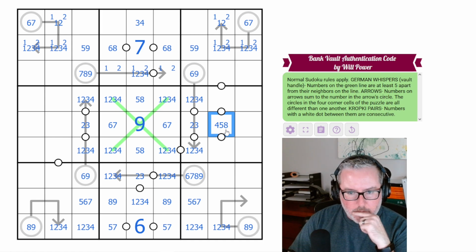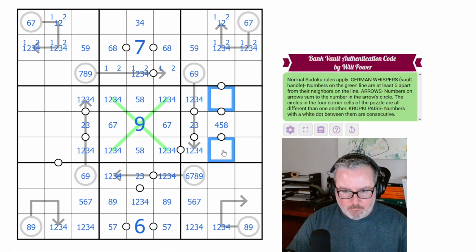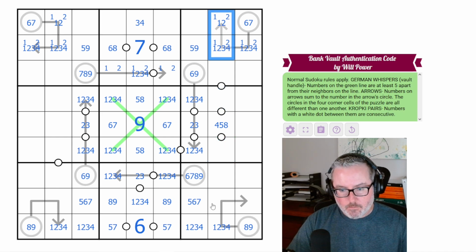What can we use with that? I'm sure there's varying options. If this was a 4, that forces a 3 into one of these positions. So you have 1, 2, 3, 4. We cannot put a 3, so this is not a 4.